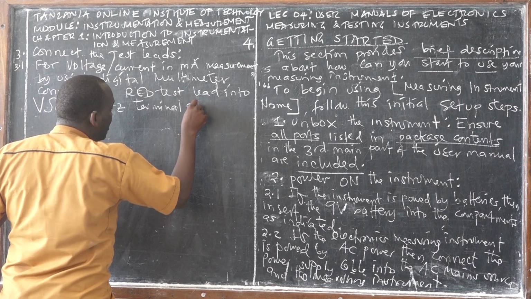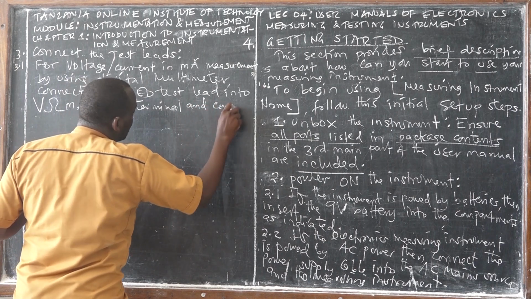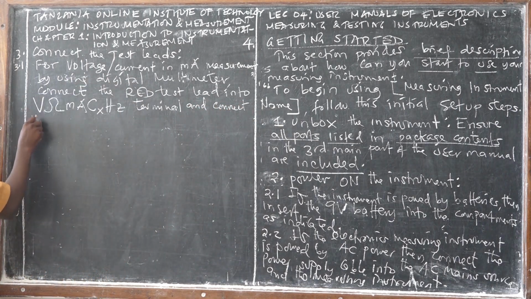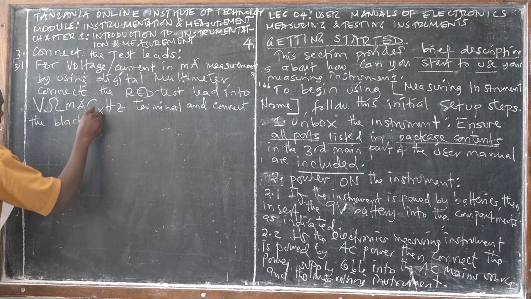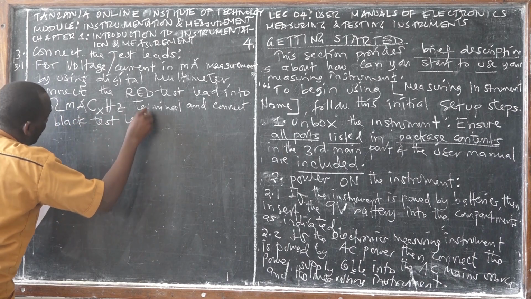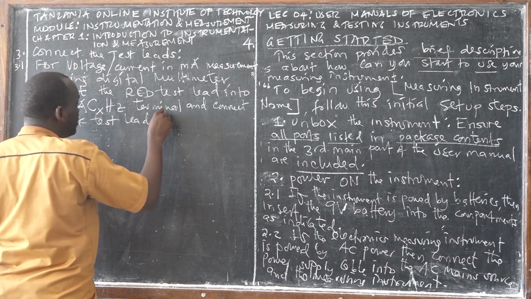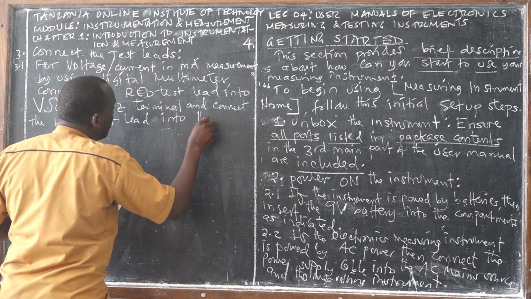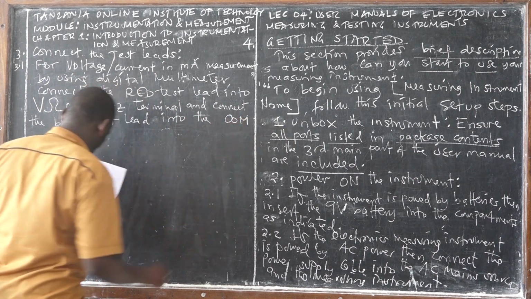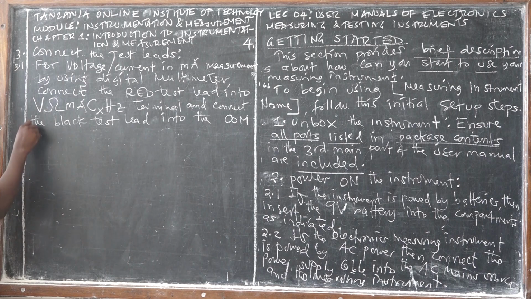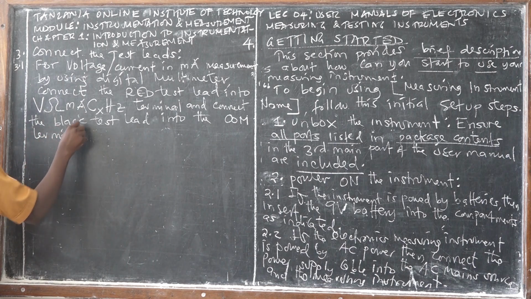And connect the black test lead into the COM terminal. Yes, COM terminal. So this is one of the examples of how to connect the test leads.